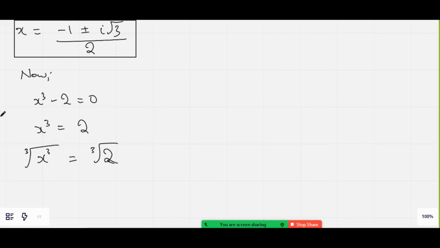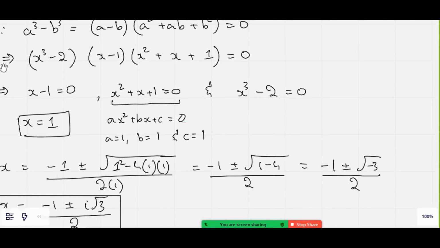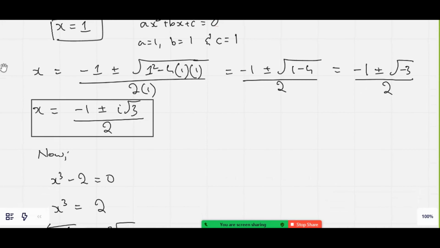Okay, so the cube root is going to cancel your cubic power, so x is left, and x equals the cube root of 2. So you have 3 repeated real answers, which is the cube root of 2. These are the 3 points which are overlapped on one another, and one answer is 1, and the other 2 are the complex answers.